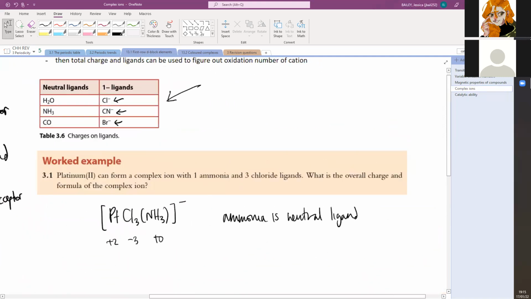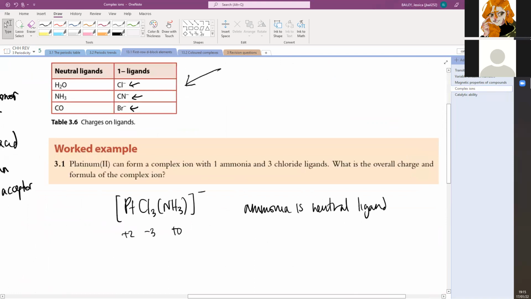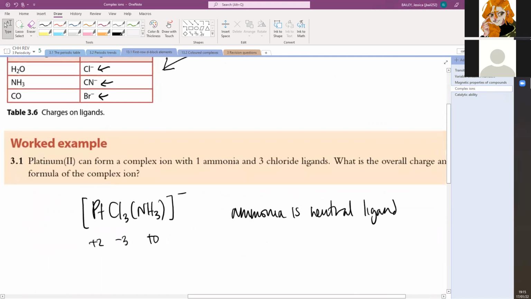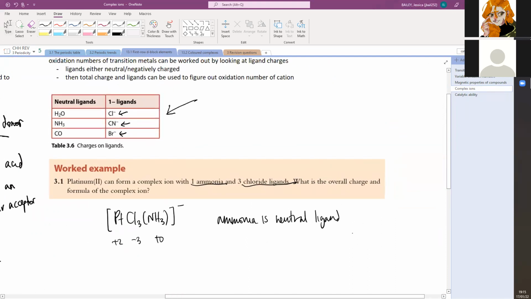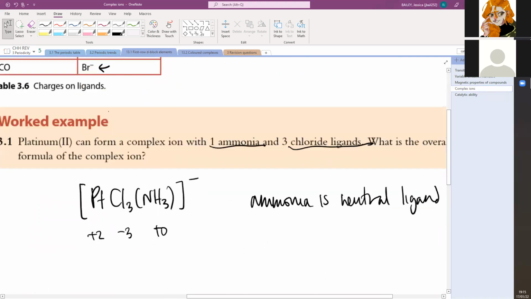So here I've done an example, probably a while ago. This is platinum with 3 chloride ligands and 1 ammonia. I've written it like this, and it's asking for what the overall charge is because it's told me that platinum's got an oxidation state of 2.